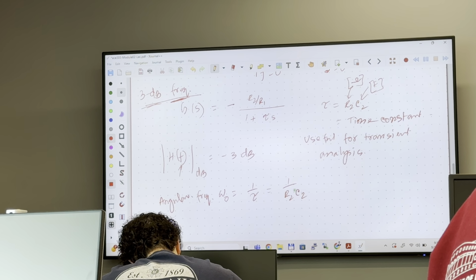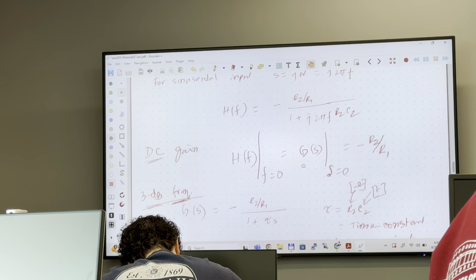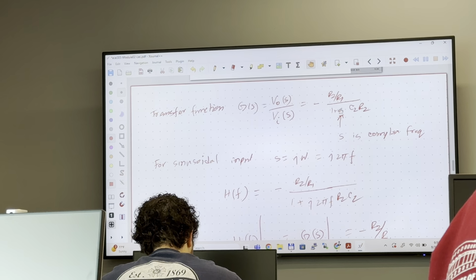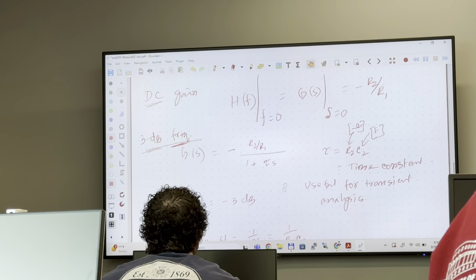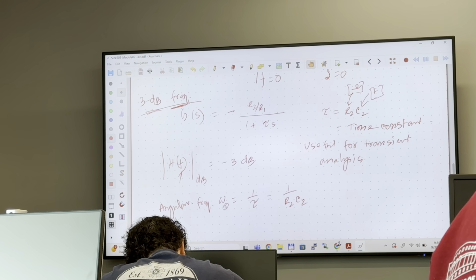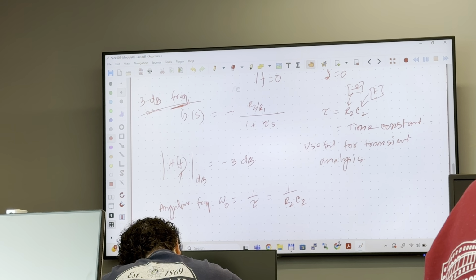This R2C2 is simply the coefficient of s. And 1 over R2C2 gives you the frequency in radians per second.